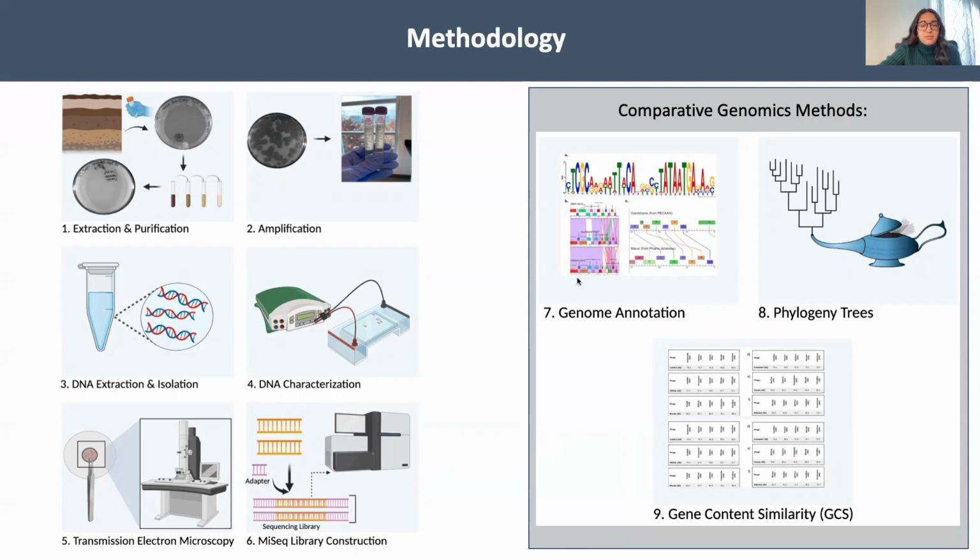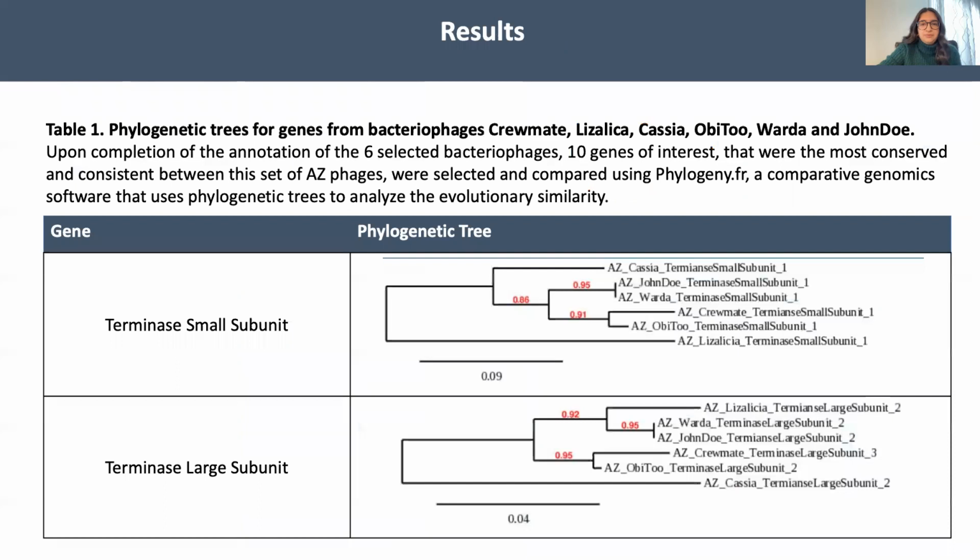Following this step was the genome annotation step, where we used different softwares to annotate and compare the phage genomes, such as Pecan, Phamerator, GeneMark, HHPred, and the different BLAST softwares. And our project focused on the phylogeny.fr and the GCS software to gather our data.